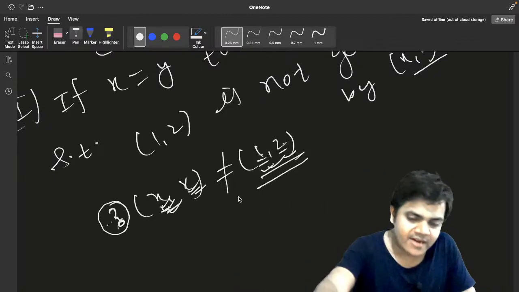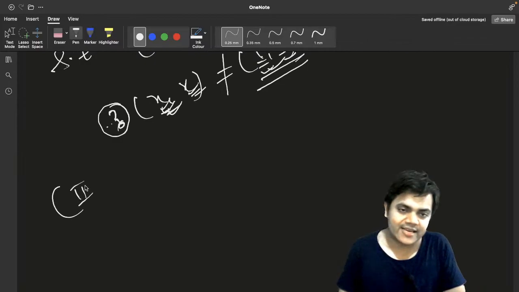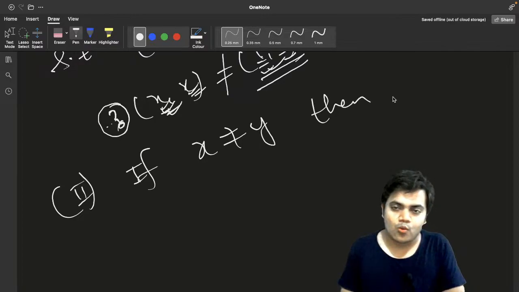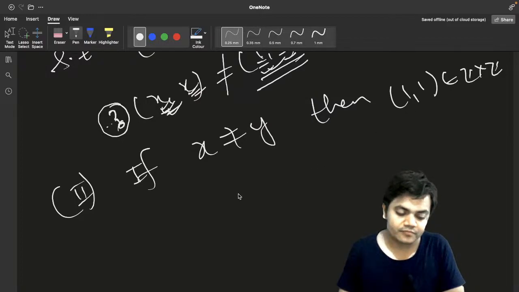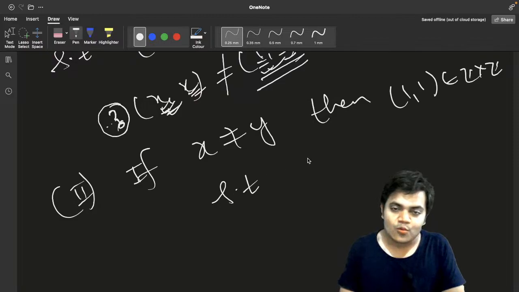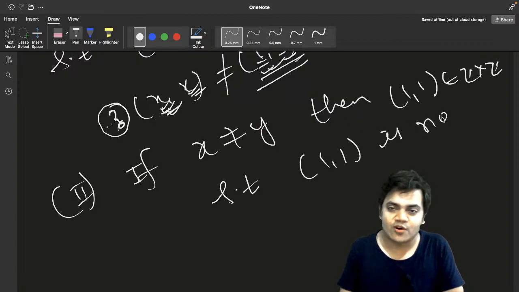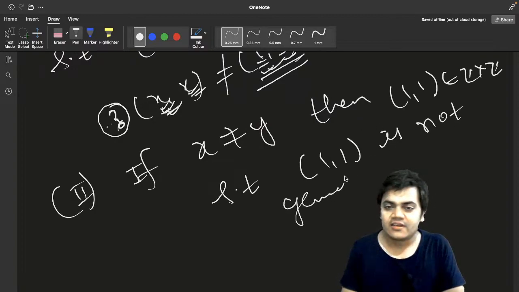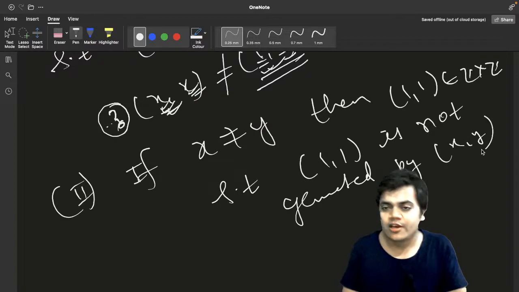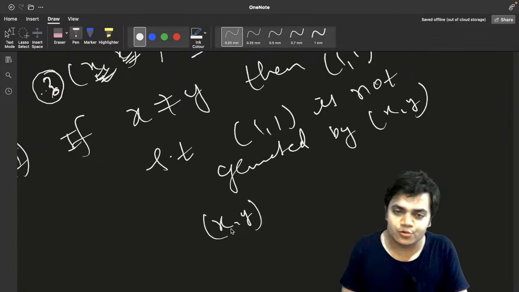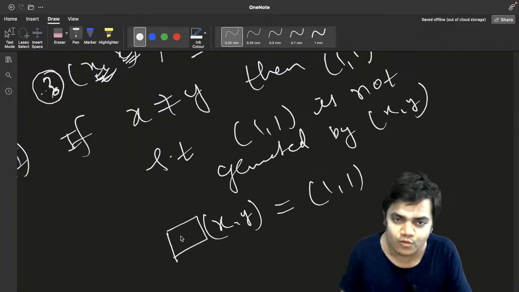In the same manner, for the second case, if x is not equal to y, then (1, 1) belongs to Z cross Z such that (1, 1) is not generated by (x, y). Because if x and y are two different things and we try to generate this (1, 1), then certainly we need to put some integers over here.